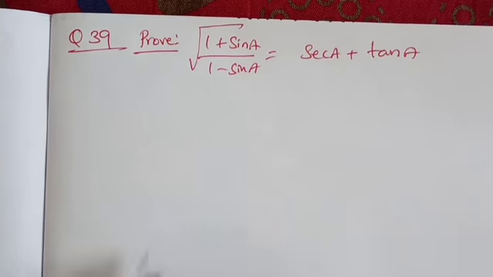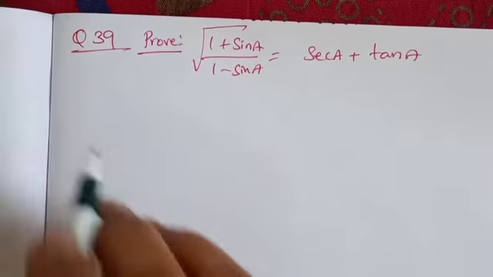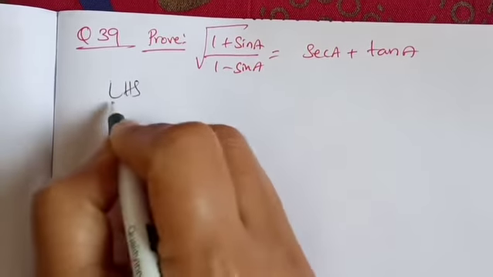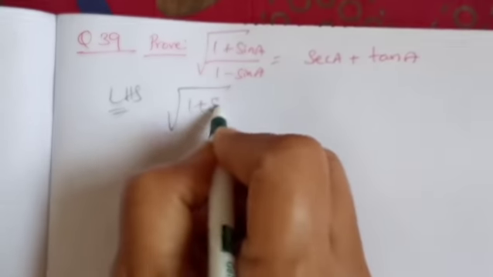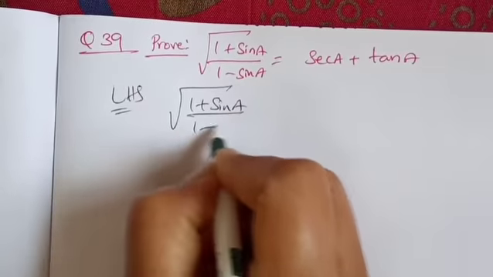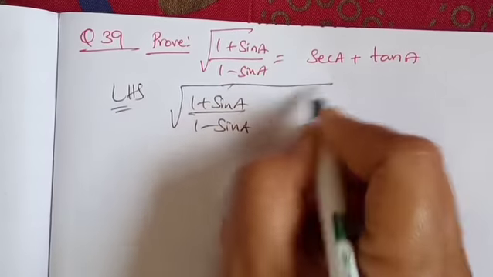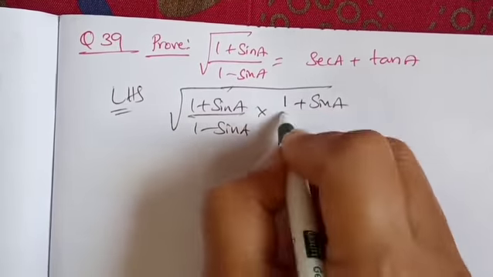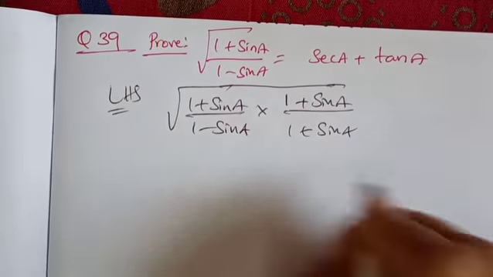Okay, yeah, this is also very simple. Just multiply and divide in square root only, and we will solve from LHS as usual. So root over 1 plus sin A by 1 minus sin A. Okay, in root only multiply and divide by 1 plus sin A by 1 plus sin A. Okay, you write the reasons.